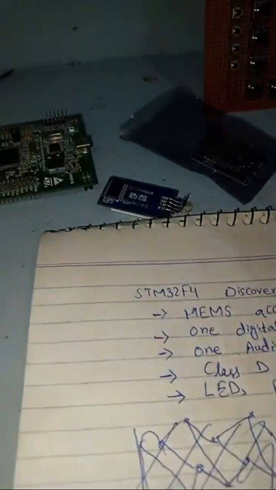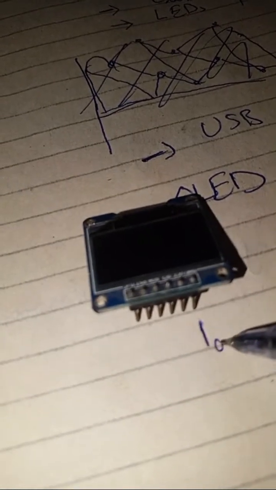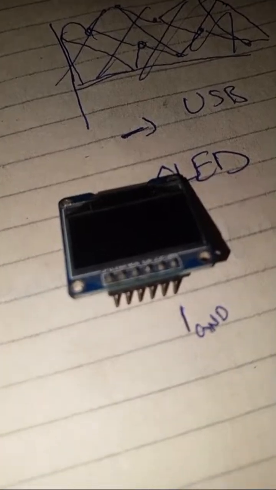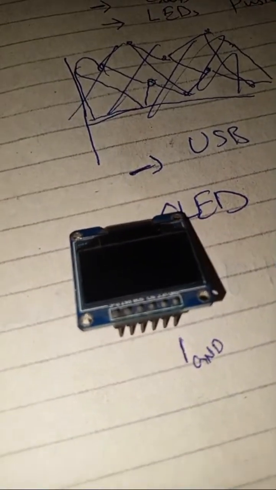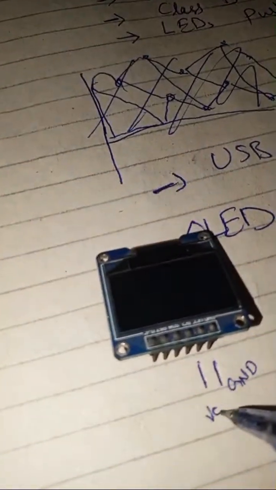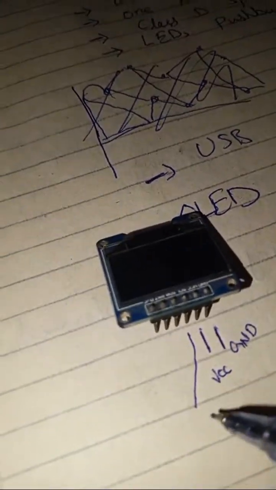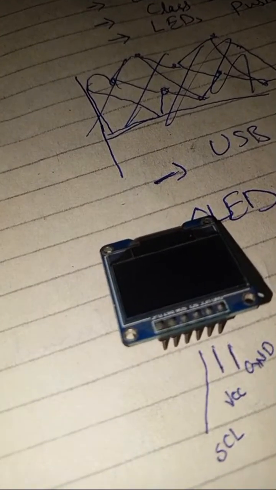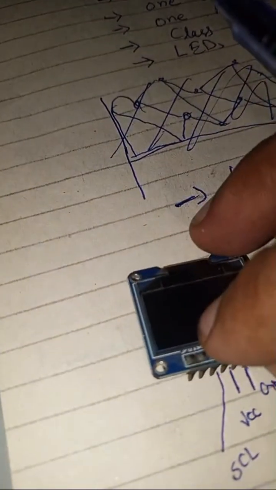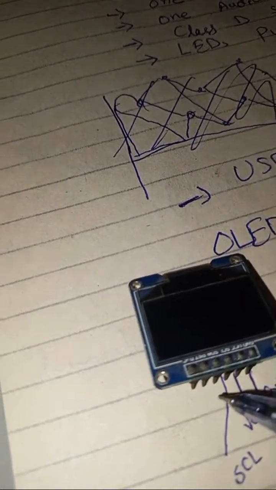So for example, this one is labeled as ground, and the next one is written as VCC, which is for the positive supply, and the next one is SCL, and the very next one is SDA.